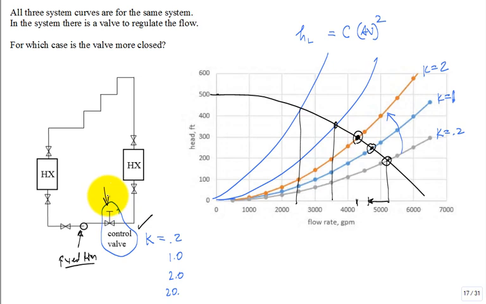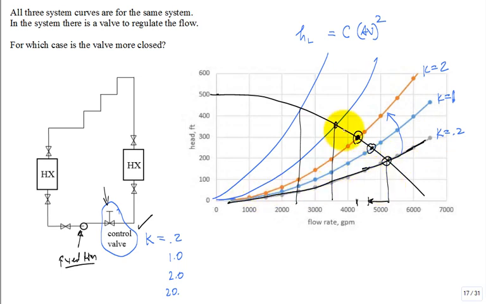But this control valve would then close it down because maybe you don't want a lot of cooling. Maybe it's not August, it's the middle of June, or maybe it's the middle of May, or maybe it's in the spring, so you don't need a lot of flow over to that heat exchanger, so you throttle it down by partially closing a valve.